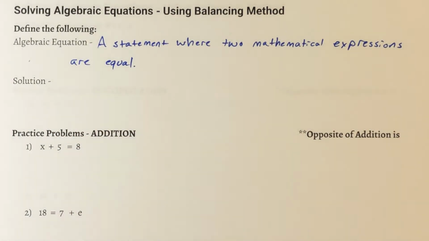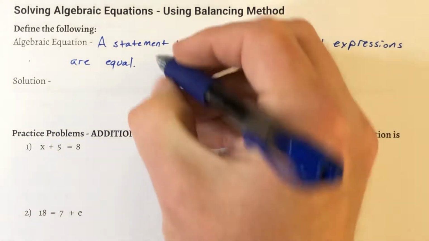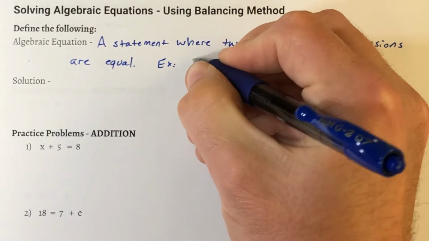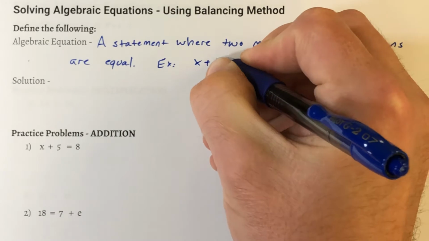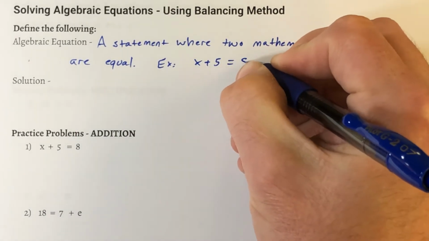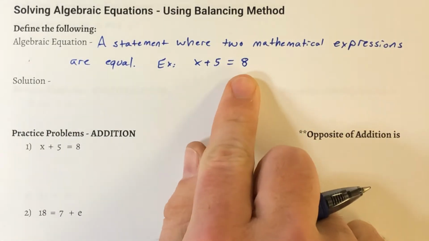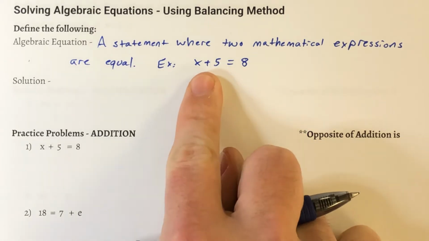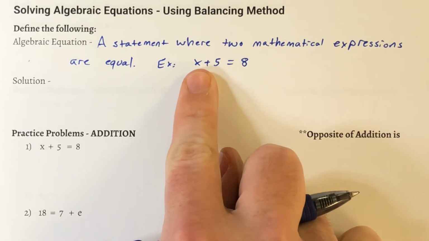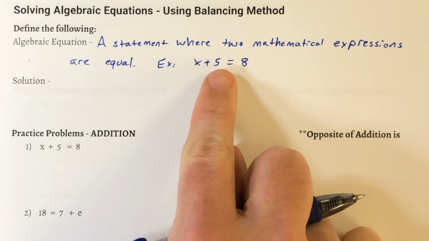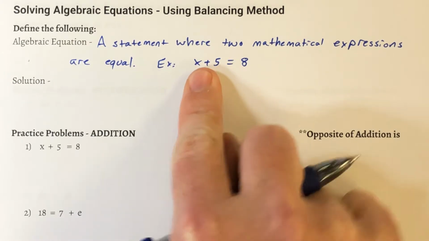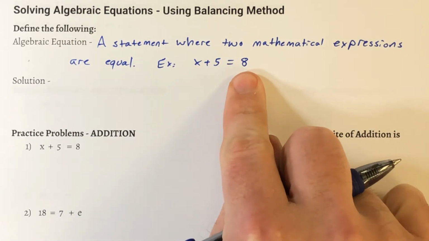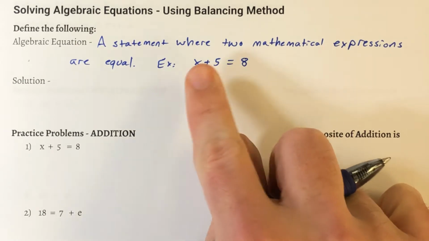A statement where two mathematical expressions are equal. So a quick example of this would be x plus 5 equals 8. So I have an expression on the right side of the equal sign, and I have an expression on the left side of the equal sign. So that means everything on the left is the same thing as the stuff on the right. They may not look the same.